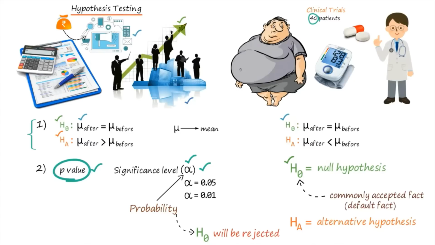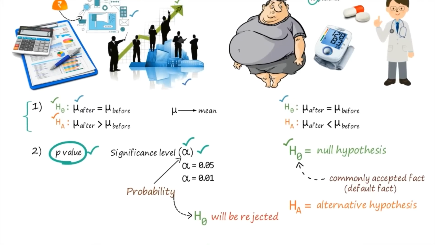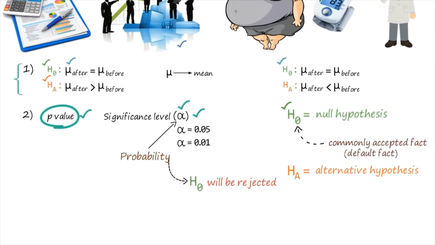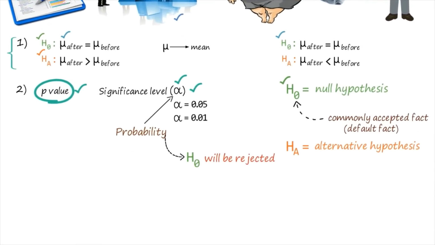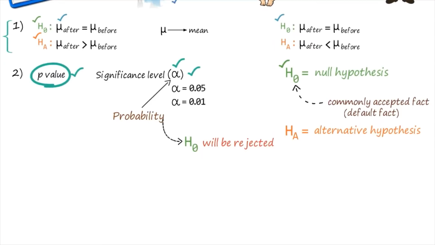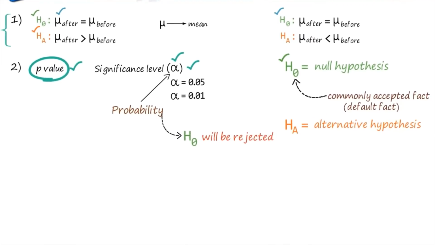Basically, significance level defines the probability that the null hypothesis will be rejected. For example, a typical alpha value, I have already stated, generally we will write it as 0.05, or you can say this as 5% also. Both are same.